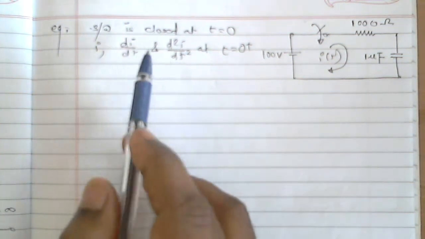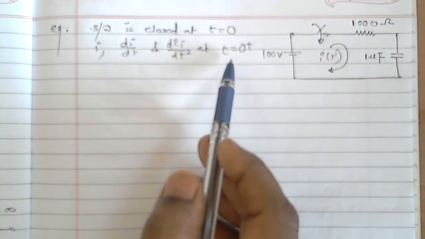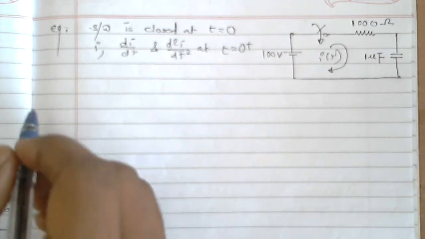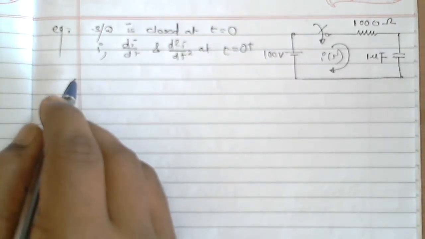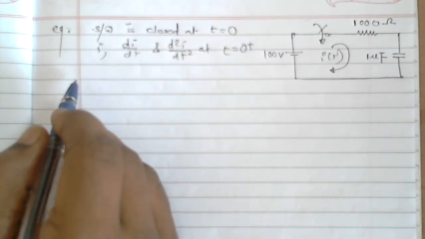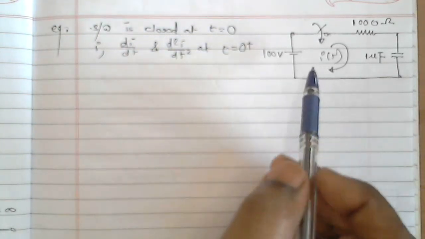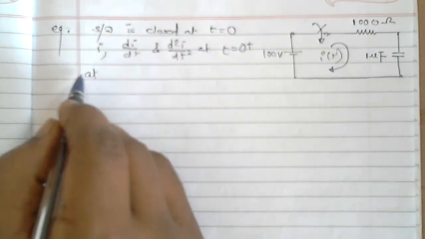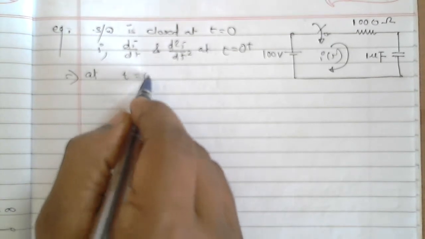So we need to find these values at t equal to 0 plus, right? As per the procedure, first we will draw the network for the t minus condition, that is, at t equal to 0 minus.